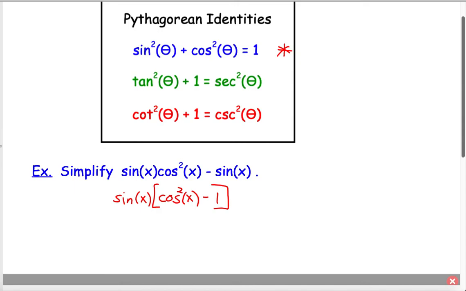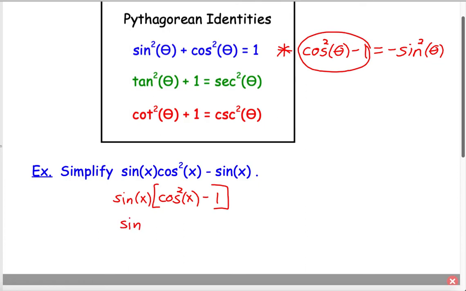And if I rearrange that equation, if I move the sine over to the right side and I subtract the 1 over to the left side, then cosine squared minus 1 is equal to negative sine squared. So I can replace my brackets with a negative sine squared.